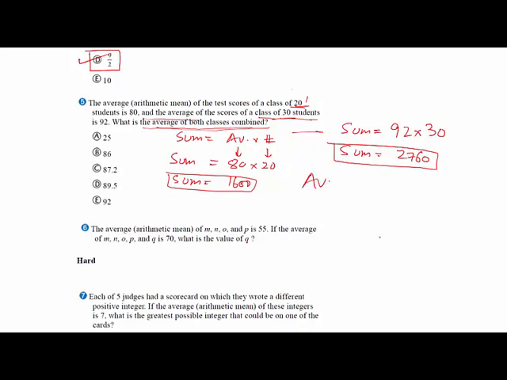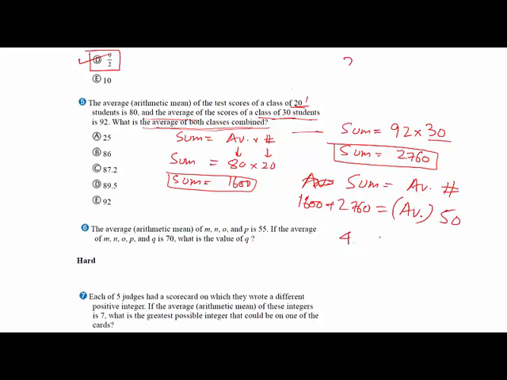We know that sum is average times the number. So the sum of all these students combined is 1600 plus 2760, which equals average multiplied by the total number of students. So 30 plus 20, because total students will now be 50.